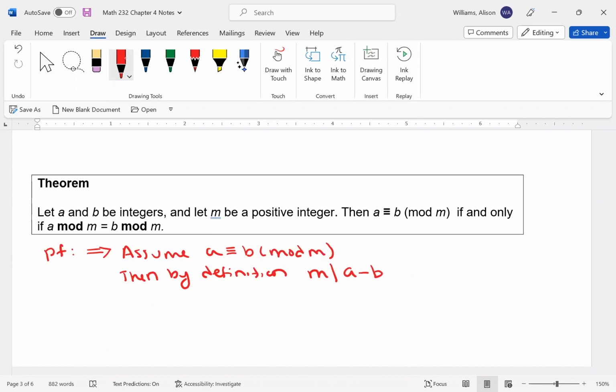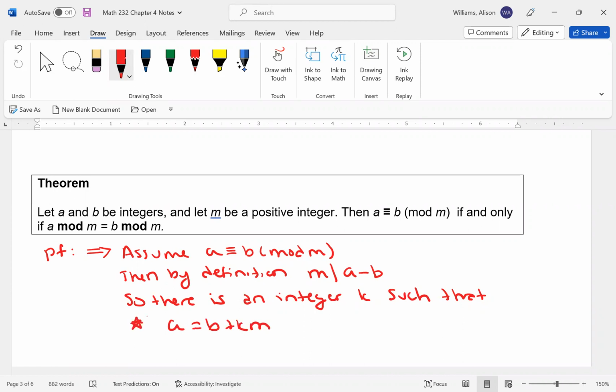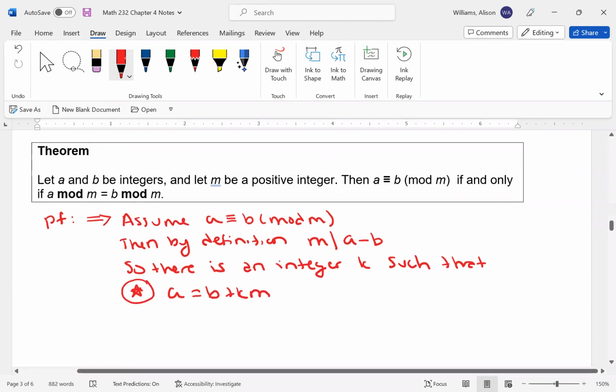Again, by definition, there is an integer K such that A minus B equals K times M. Actually, I don't even need to say that. We showed earlier in a theorem that A equals B plus KM. I'm going to call this star, because I'm going to refer back to it in a second. Give it a little star.